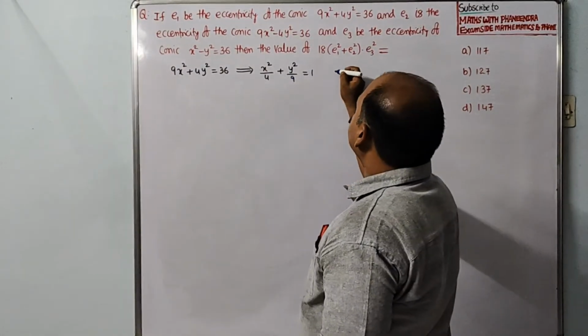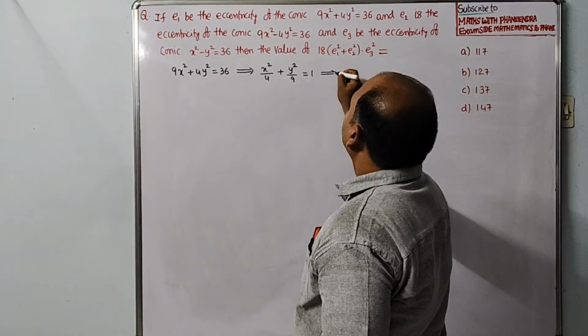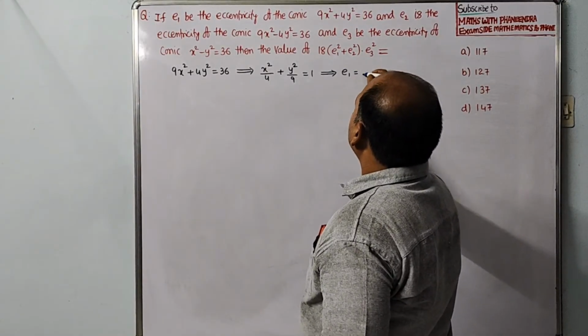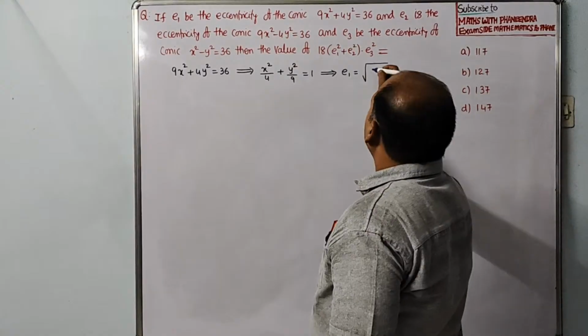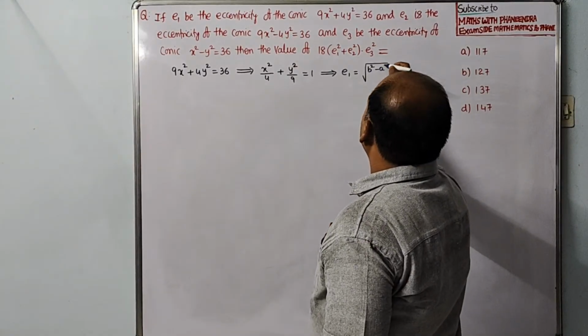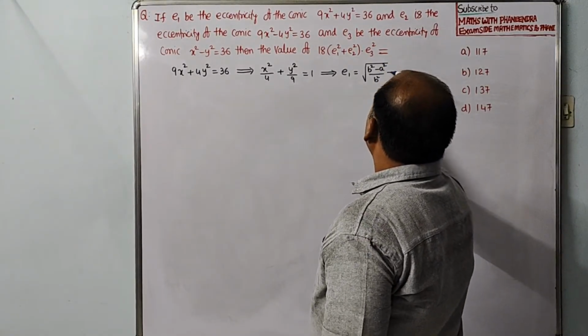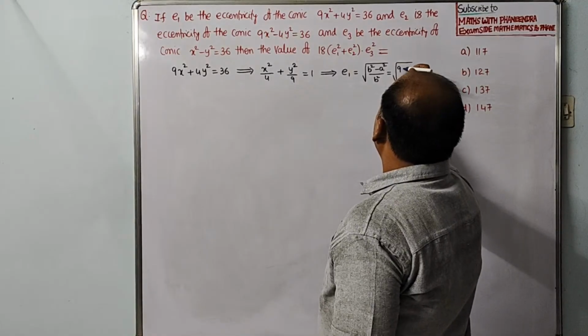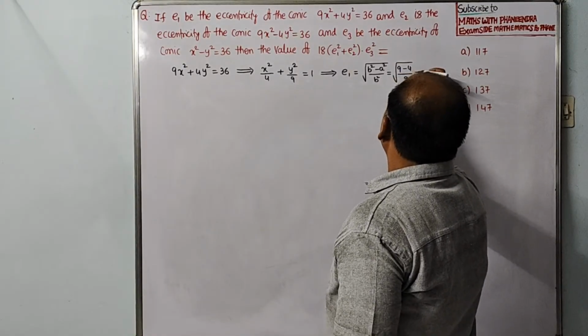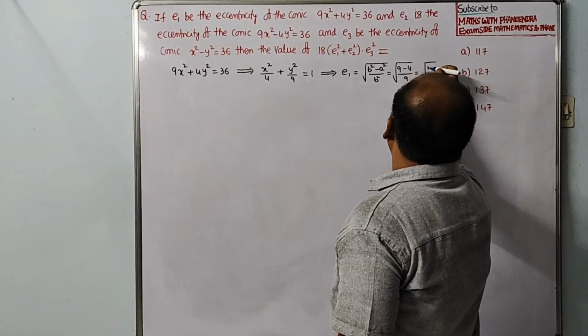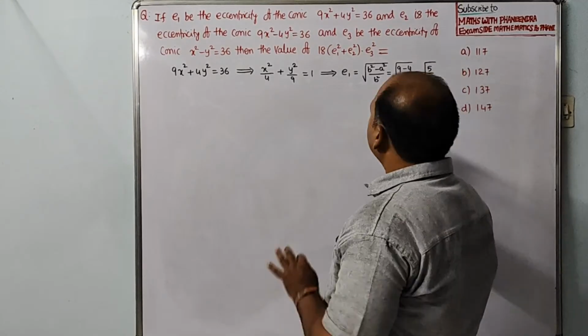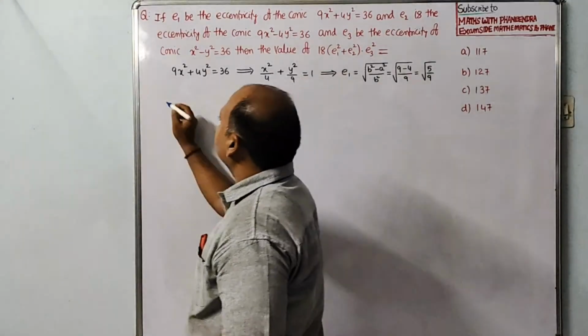For this, eccentricity e1 equals root over (b² minus a²) by b². So root over (9 minus 4) divided by 9, that is root 5 by 9. Leave it like this. e1 completed.